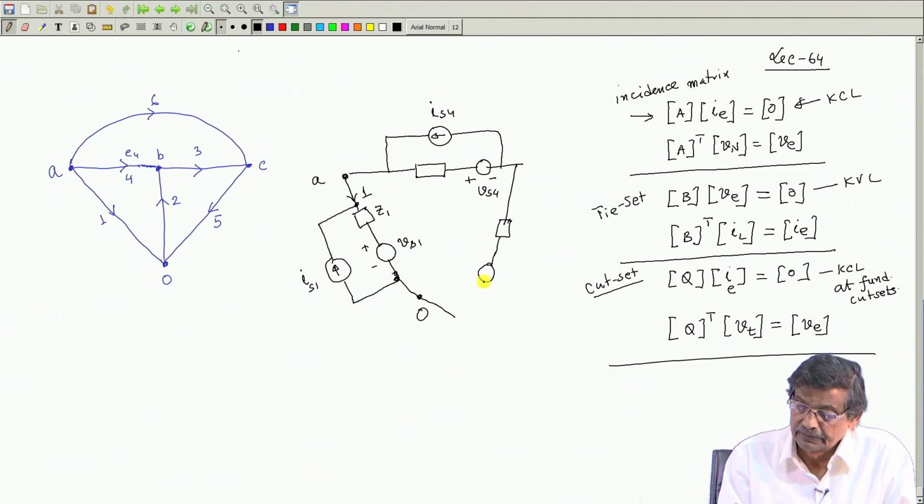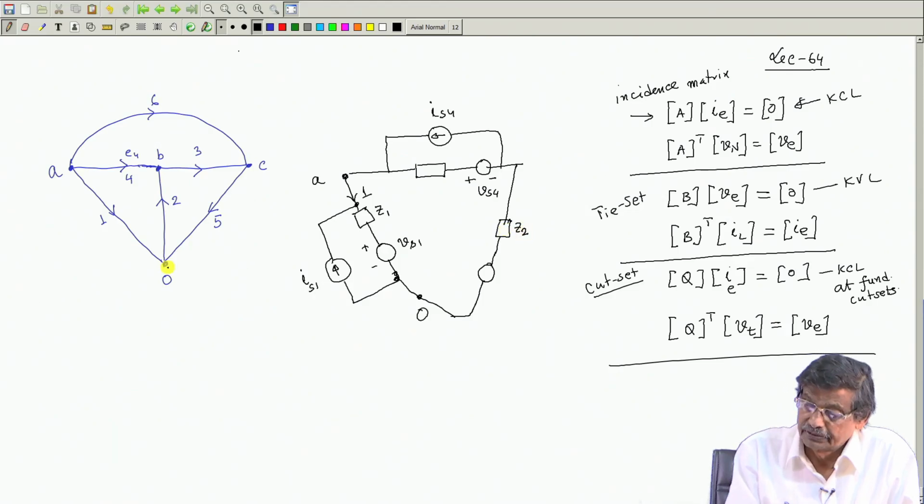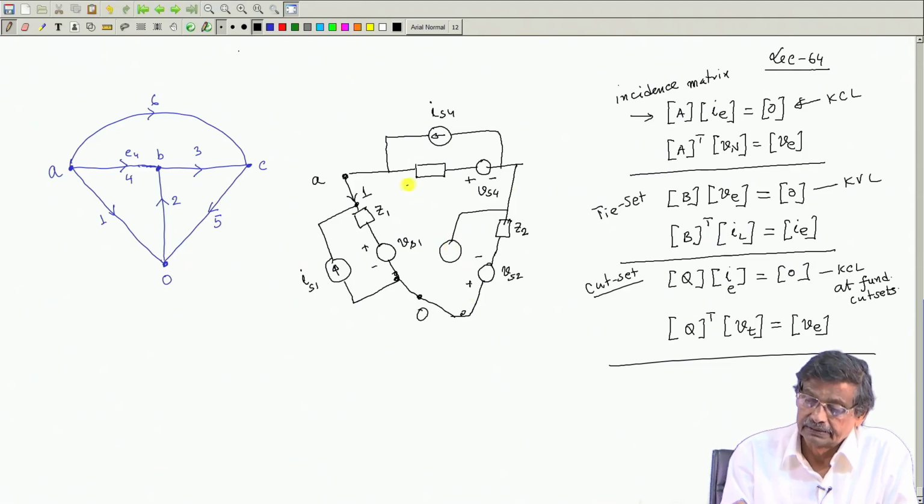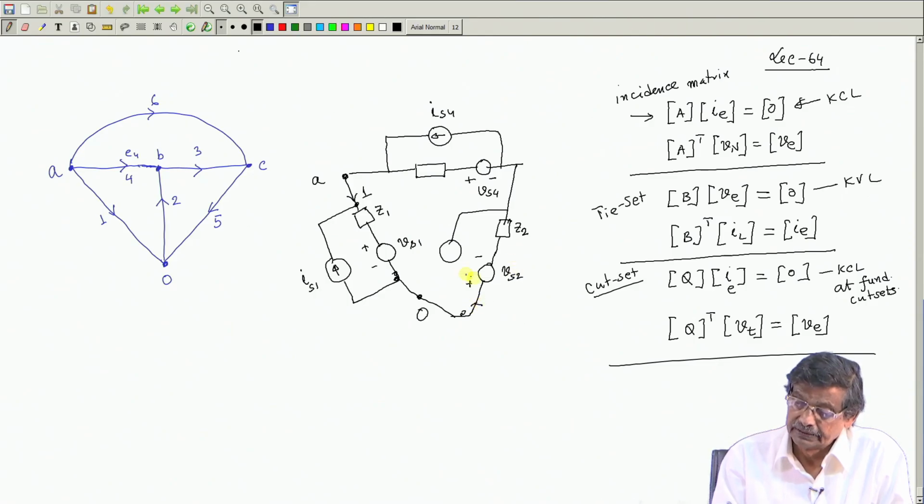It can have an impedance Z2, because this branch number is 2, and there will be some Vs2, this is the plus, and there may be a current source in parallel with this element. Current was going like this. This is Is2.